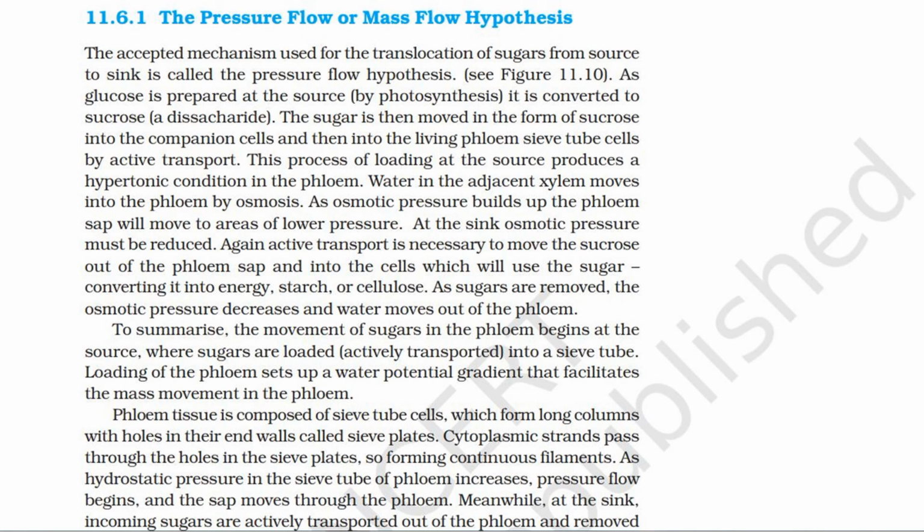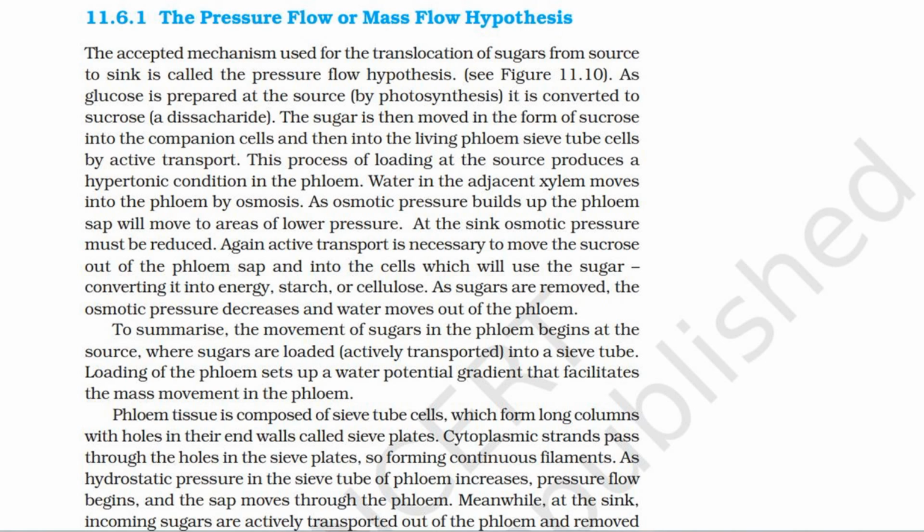To summarize, the movement of sugars in the phloem begins at the source, where sugars are loaded, actively transported, into a sieve tube. Loading of the phloem sets up a water potential gradient that facilitates the mass movement in the phloem. Phloem tissue is composed of sieve tube cells, which form long columns with holes in their end walls called sieve plates. Cytoplasmic strands pass through the holes in the sieve plates, forming continuous filaments.